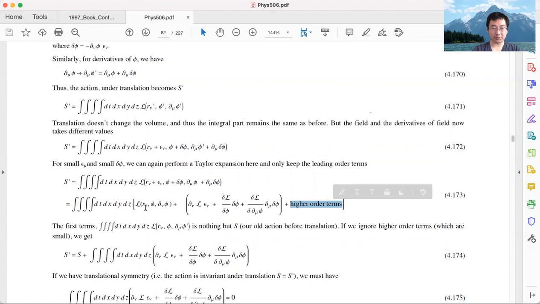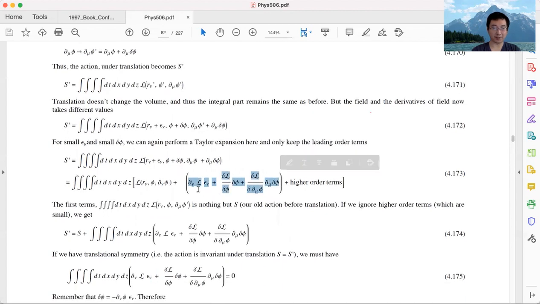What is the zeroth order term? The zeroth order term is the Lagrangian density before the translation. So the zeroth order term is exactly what we had before the translation. The space-time integral of the zeroth order term gives me an action without prime. This is the action before the translation. And in addition, we have this term, this big beast here. Let me copy it.